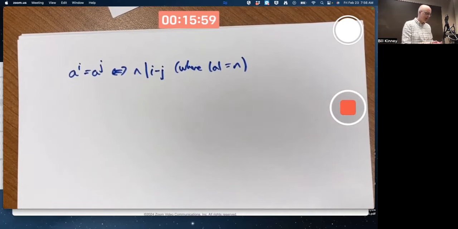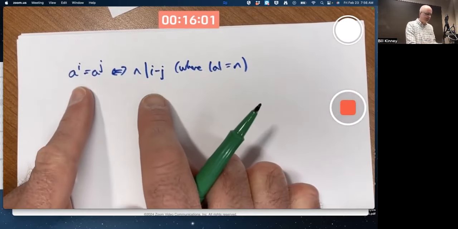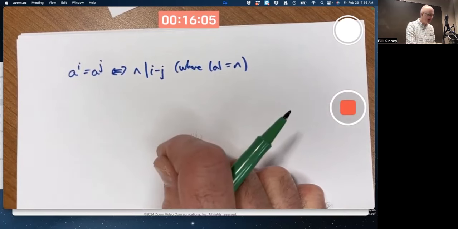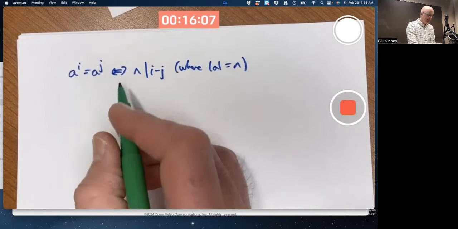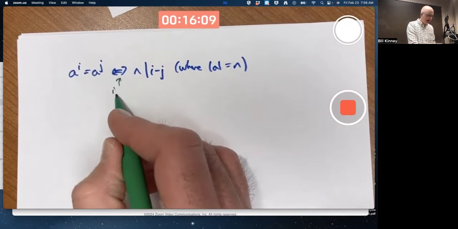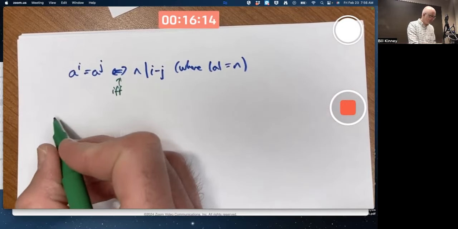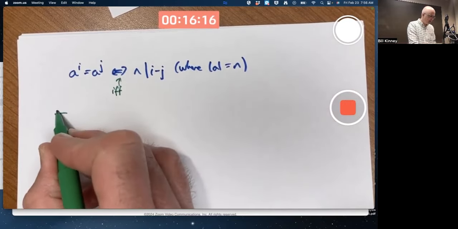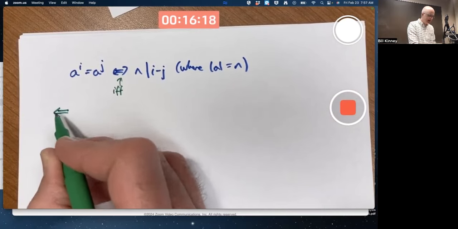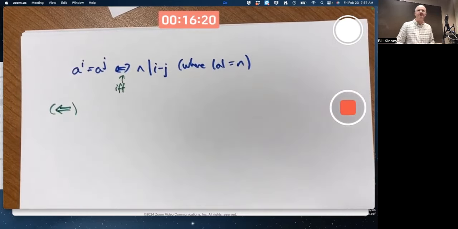This is about numbers, effectively, the relationship between I, n, and J, as well as the group element A. But it is an if and only if. So to prove it, we need to prove two directions. The easier direction is the backwards direction. Let's try that first. Again, essentially, we're just doing the scratch work here. The idea of the proof is what we're trying to get across.